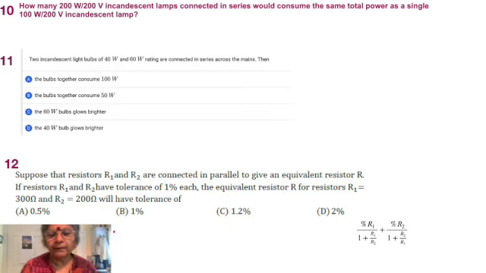And there's another component also, again with 1%, and then 1 plus R2 by R1, which is 200 by 300. As was mentioned earlier, the lower resistance brings about a bigger change, and so we see that the answer is near around 1%.